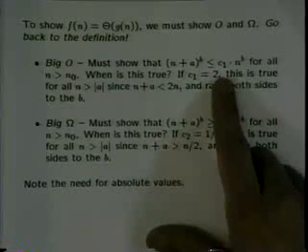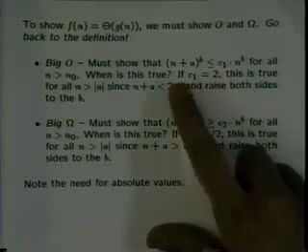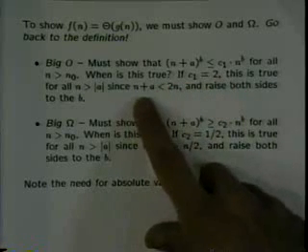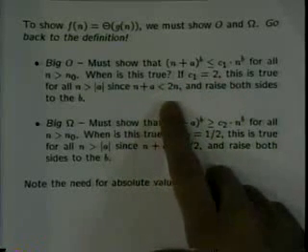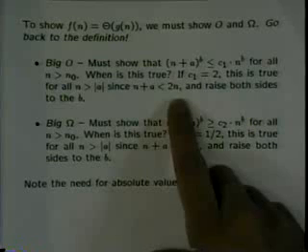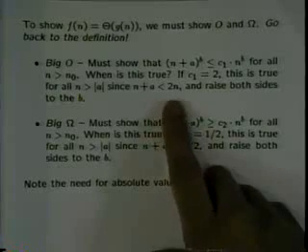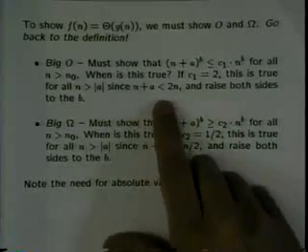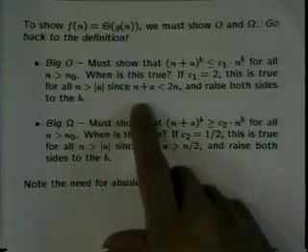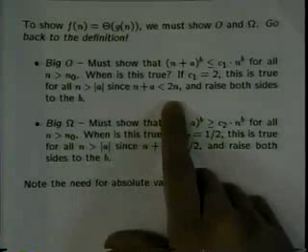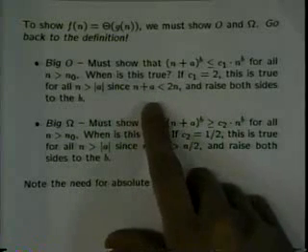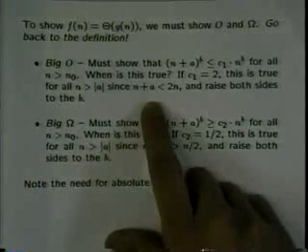Well, it is if we note that n + a is always less than or equal to 2n. Once we get n bigger than a, n + a is always going to be less than 2n. And if we then raise both sides to the bth power, that's going to show that it's true. So that shows the big O factor.